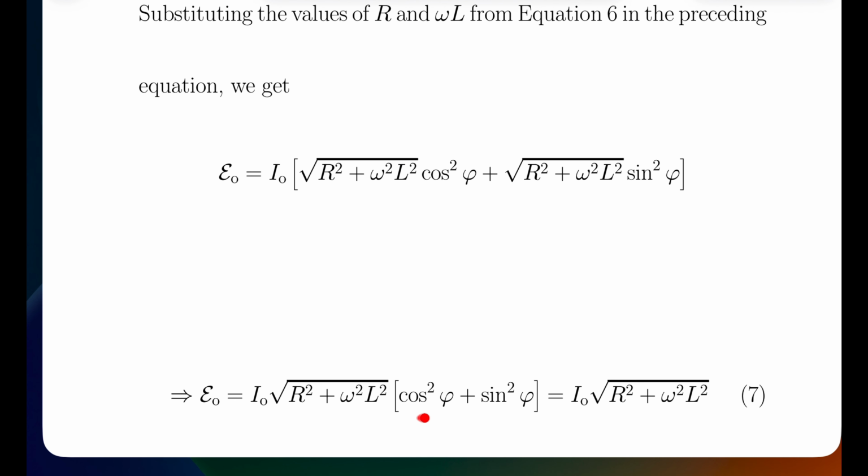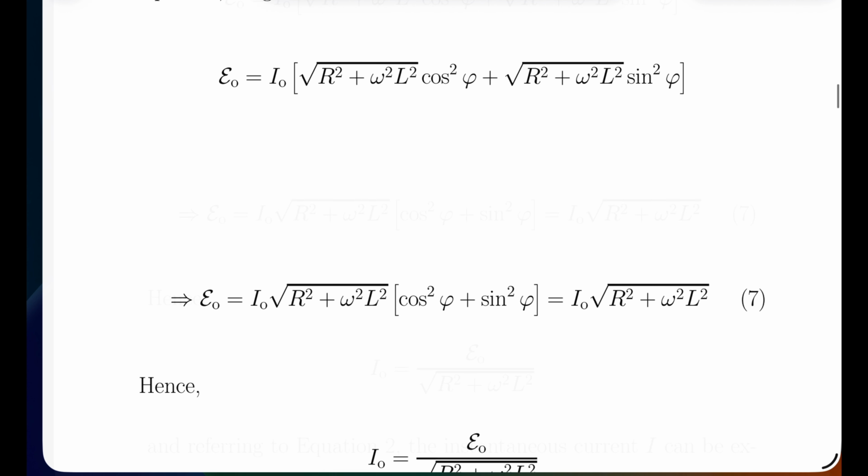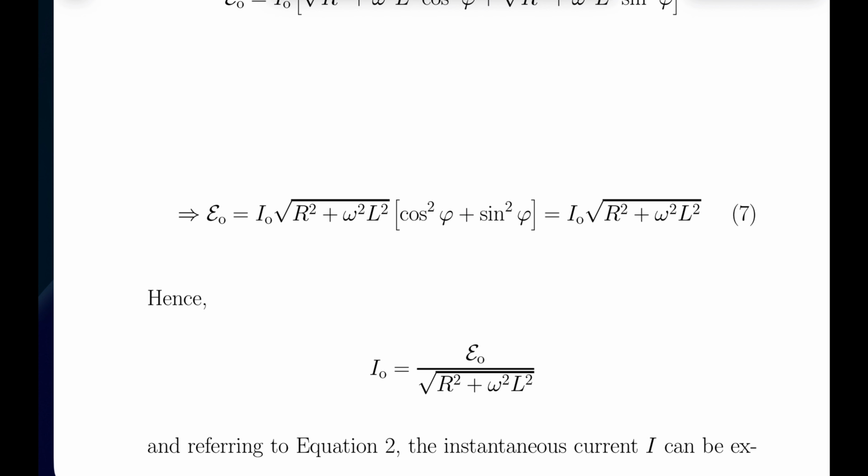So this term is equal to 1. Okay. So this is simply equal to I naught root over R square plus omega square L square. So the maximum value of current is E naught upon root over R square plus omega square L square.